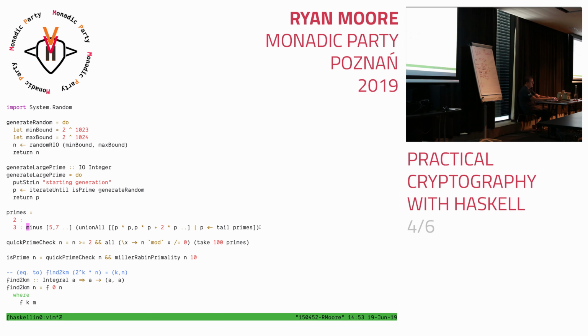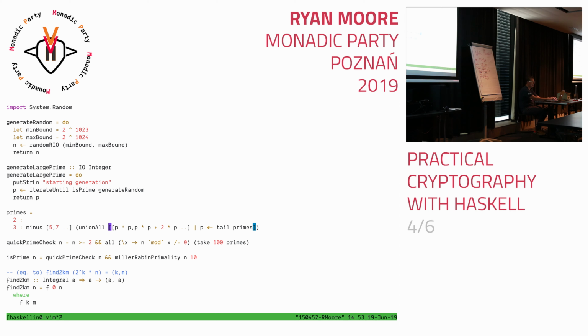So then we have union all. Union all is there because we want to make sure that we only have one of each of the numbers that we're eliminating. So we don't want to get 25 in there 4 times and eliminate it. We want to make sure that it's there only once.